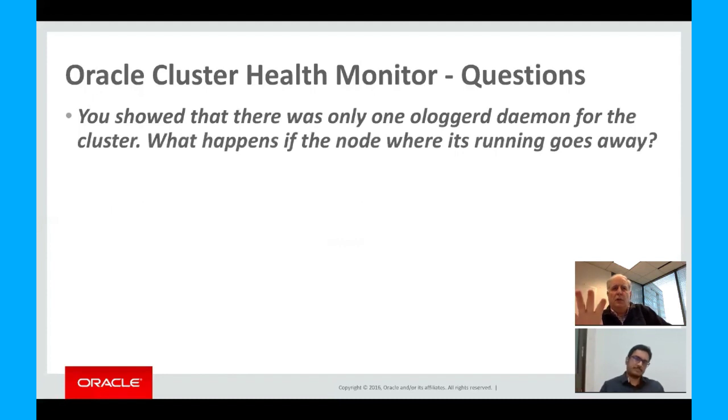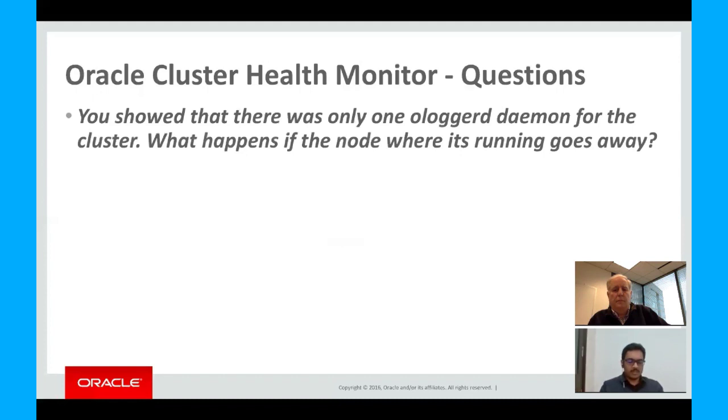So you showed that there was one ologgerd daemon running for the cluster, which all the osysmonds plugged into. So if that node goes down or is evicted from the cluster, what happens to the ologgerd? Yeah, that's a good question. It's the job of all the osysmonds to do the lifecycle management of ologgerd. If an ologgerd gets killed or crashes on a given node, the local osysmond on that specific node would first try to restart it.